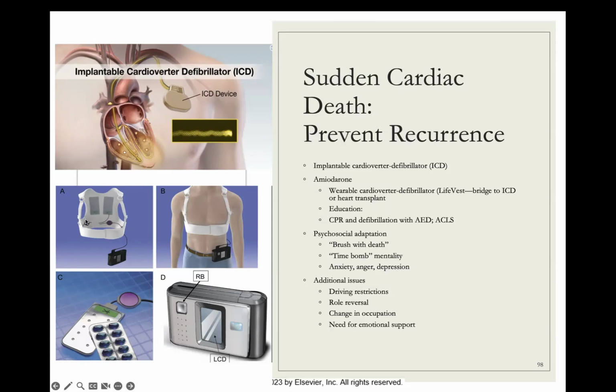There are leads, shock pads attached to the back. So they'll wear this under their clothes and it's attached to this little pack, this little computer that senses if the patient is having a dysrhythmia, it will shock the patient.